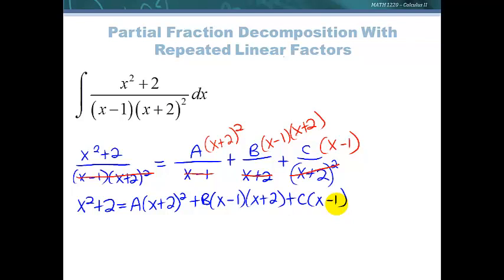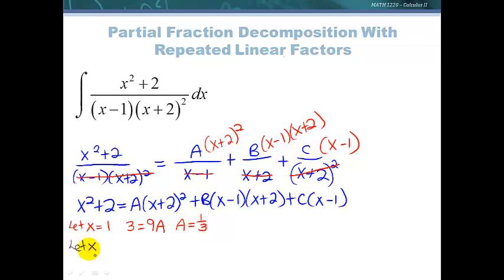Now let's conveniently choose an x. We're going to let x equal 1. 1 squared is 1, plus 2 is 3, equals 1 plus 2 is 3, squared is 9a. Putting a 1 here will zero this out, and putting a 1 here will zero this out. So a equals 1/3.